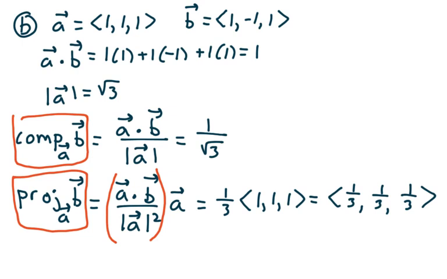Because if I take the square root of 3 and I square it, I get 3. So I get 1/3 times the vector 1, 1, 1. That's A. And so if I take 1/3 times 1, I get a third, and I'm going to do that to all three components. And so my final answer is the vector 1/3, 1/3, 1/3.